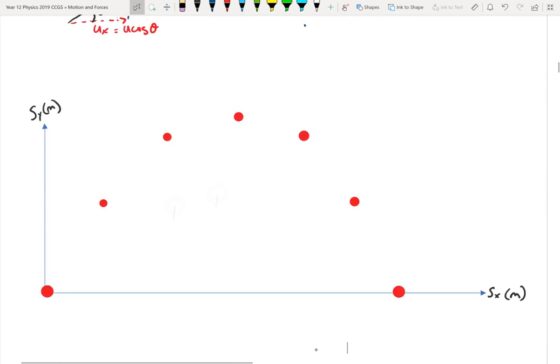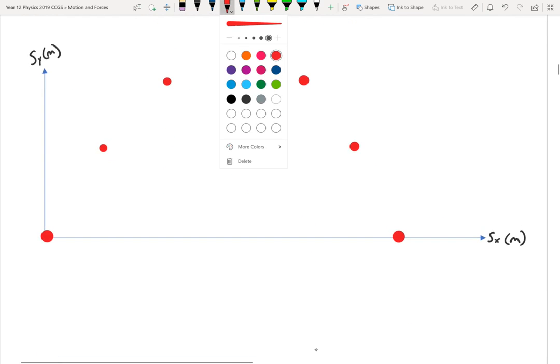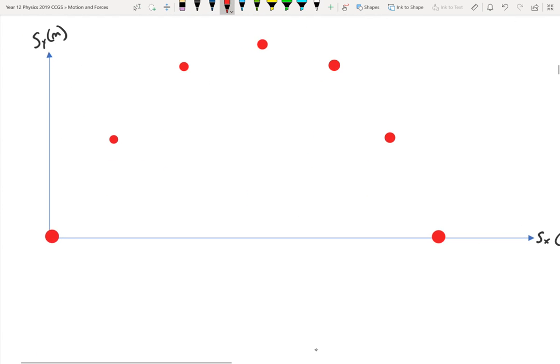So, I next am going to sketch the x component. And for this model, it's going to remain the same magnitude. So what I need you to appreciate is that every 1 second interval, the horizontal component remains constant.